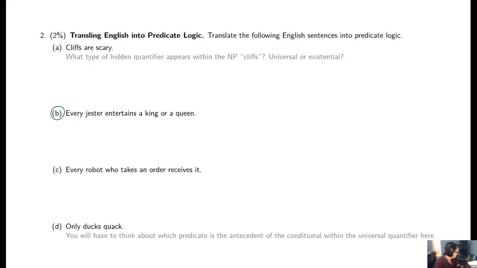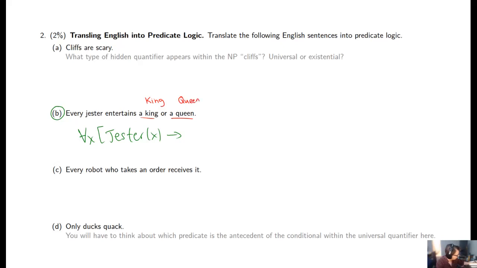So every jester entertains a king or a queen. Now, most people got the for all X, jester X, arrow part fine. What people struggled with came after this, like a king or a queen. So what we have to remember is that whenever we have a noun phrase or a predicate, something like king or queen, these are new predicates.